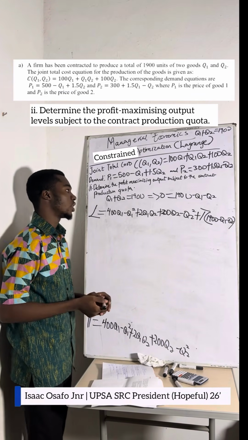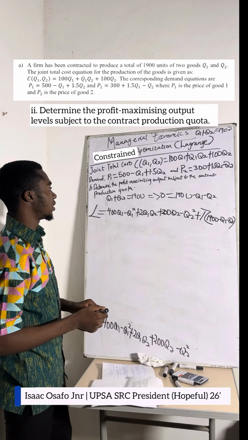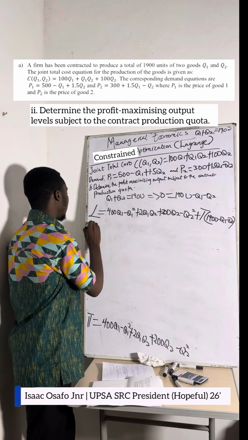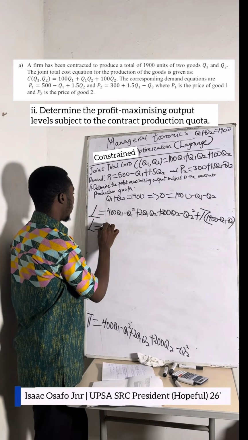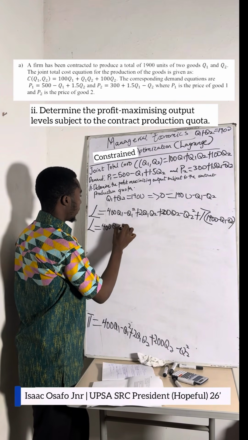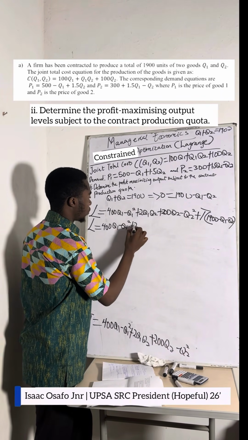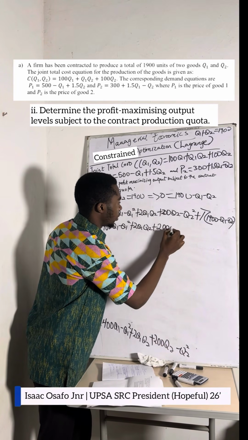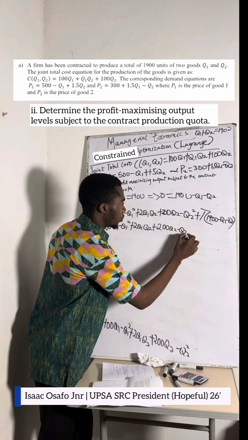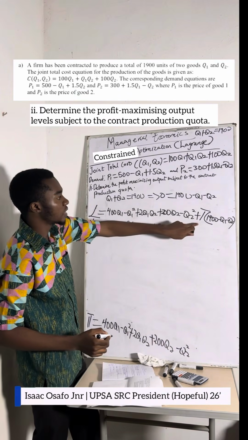In case you're asked, we can even simplify it to make it easier. So we are getting our Lagrangian function to be 400 Q1 minus Q1 squared plus 2 Q1 Q2 plus 200 Q2 minus Q2 squared. Then here the lambda is multiplying all this.